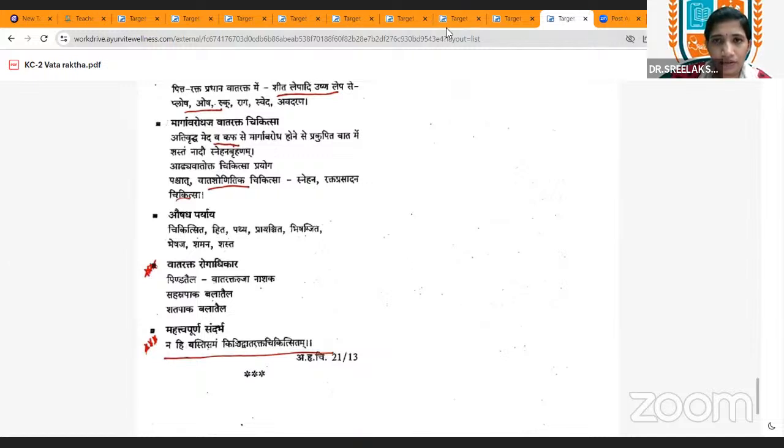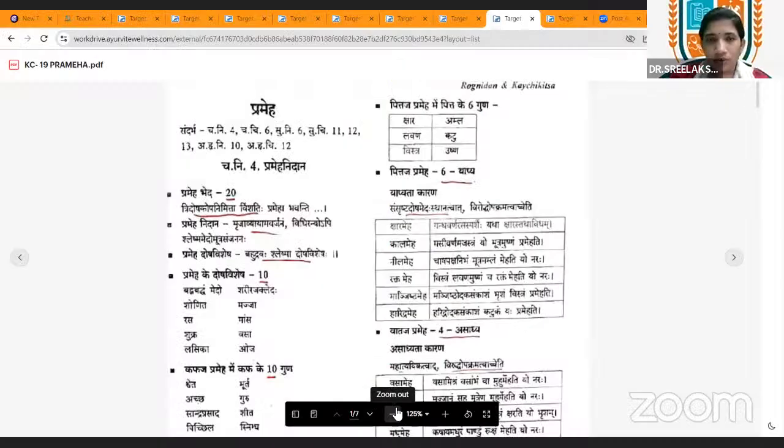Then coming to the next topic. Okay, so let's start with the Prameha, the next important topic. So, what are the points that you have to know about this Prameha? The types of Prameha mainly.